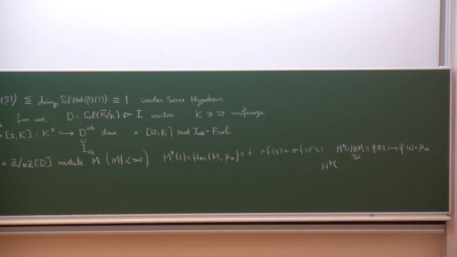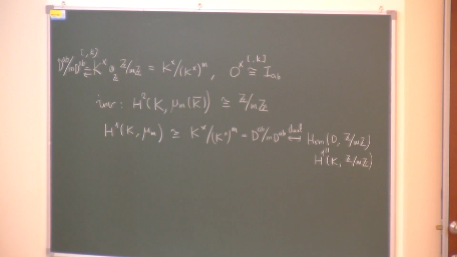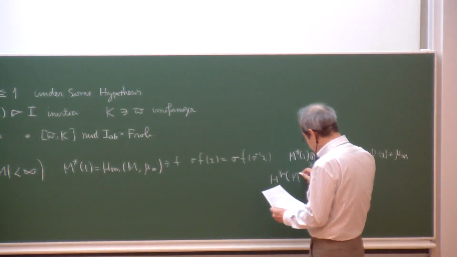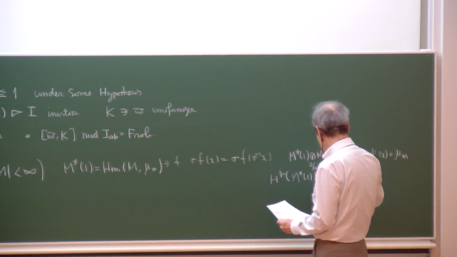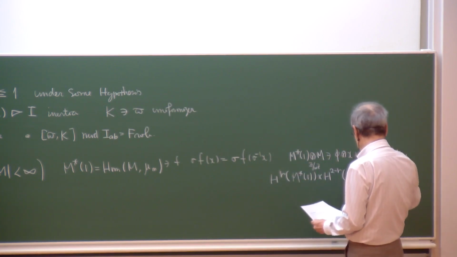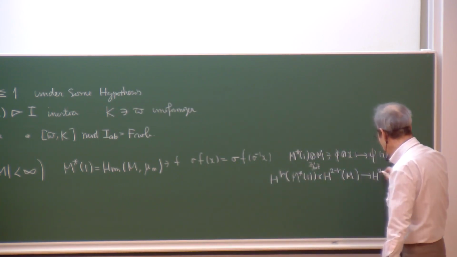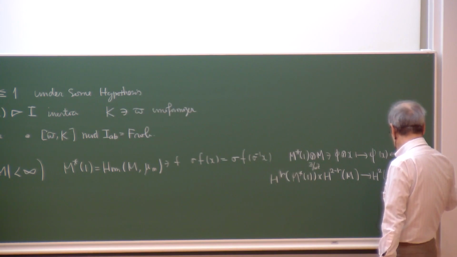When it is obvious that the field is K, I don't even write the K. Okay, so it is K cohomology, but I just write M star 1 times H^{2-r}(M) goes to H^2(μ_M), and that is Z over mZ by the invariant map.